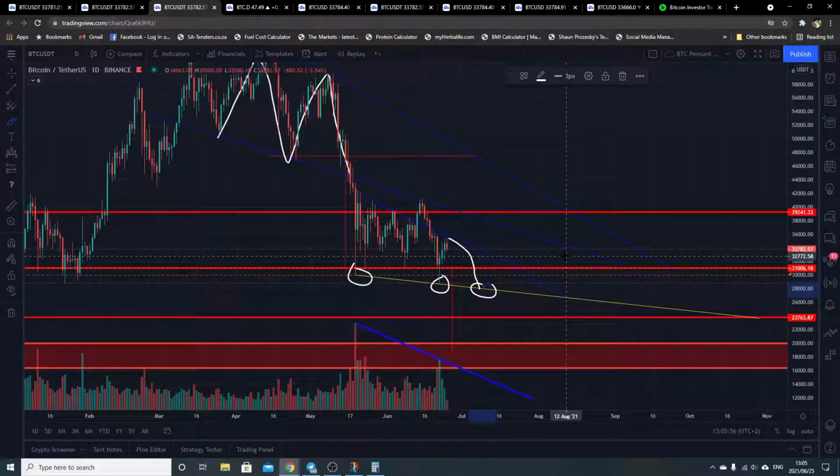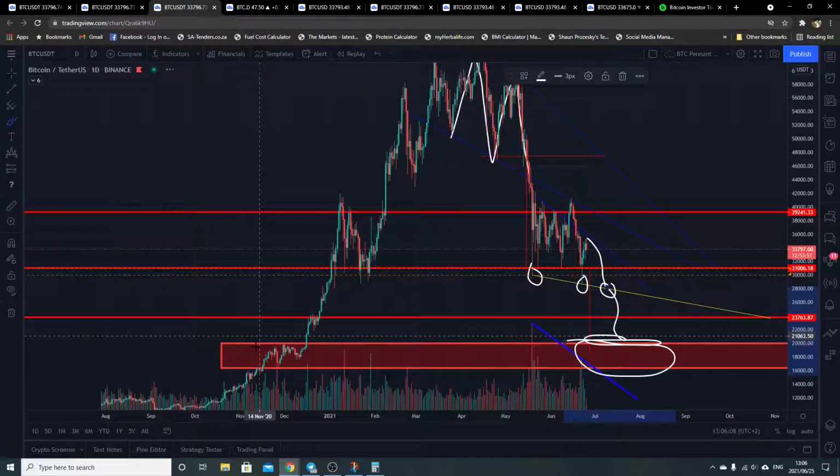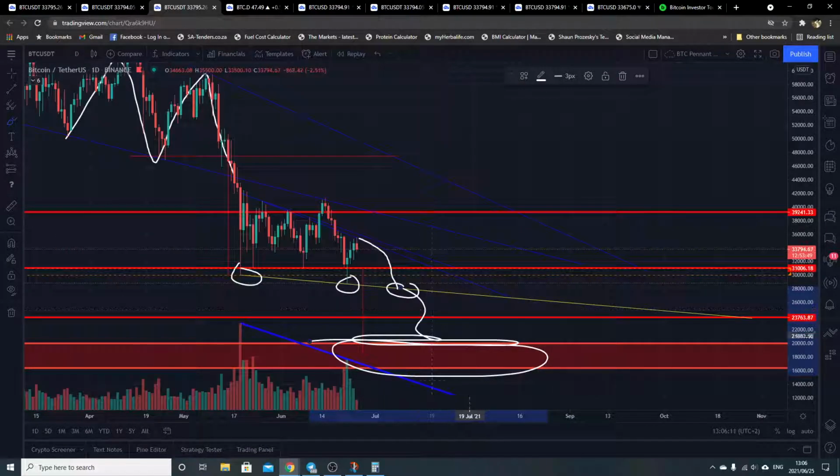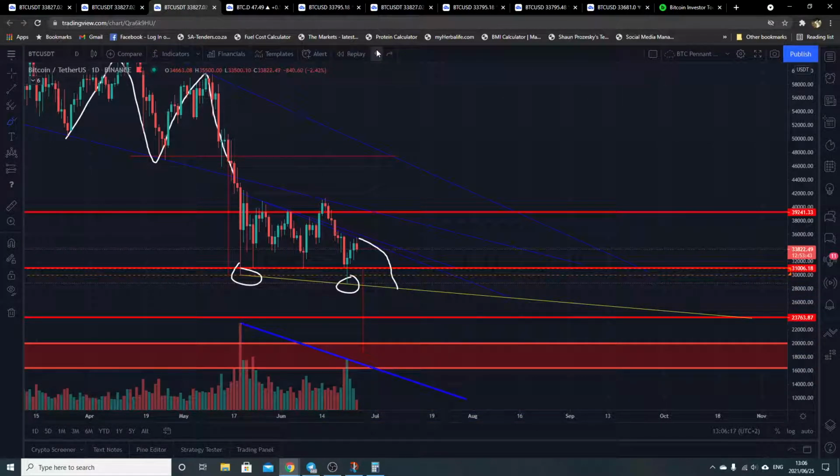It's like poking a pencil into a piece of paper continuously, and eventually that paper just falls to pieces. If we do break down, then this is our support area, and that falls in line with this area. So we're looking at the 20 to 16,400 range.